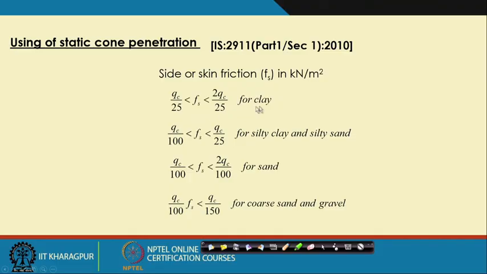If it is clay, then QC average, which is the average penetration along the length of the pile, divided by 25, up to QC divided by 12.5. This range is for silty clay to silty sand, this is for sand, and this is for coarse sand to gravel. QC is along the length of the pile, and this will give you the range of the frictional resistance.